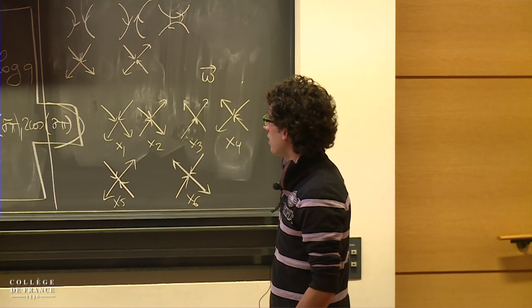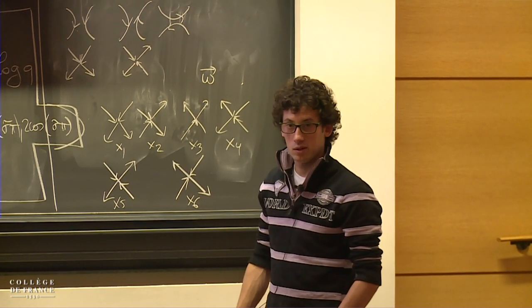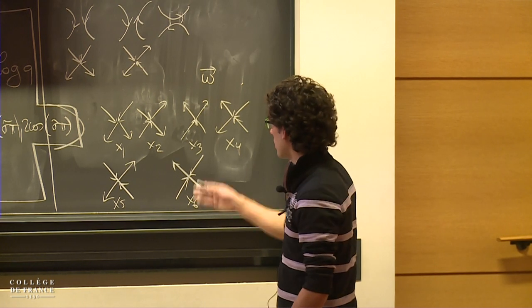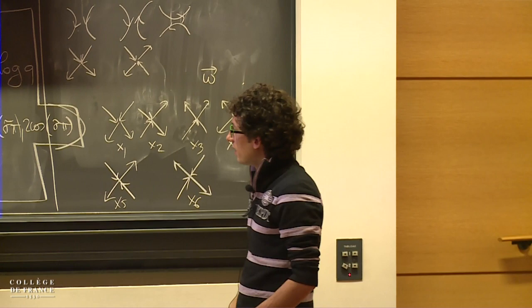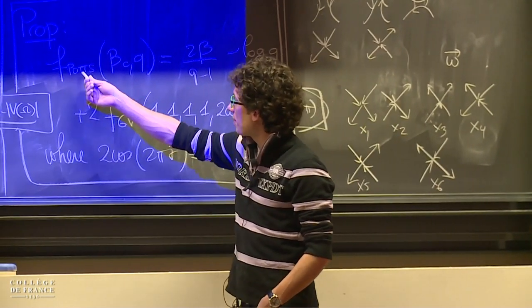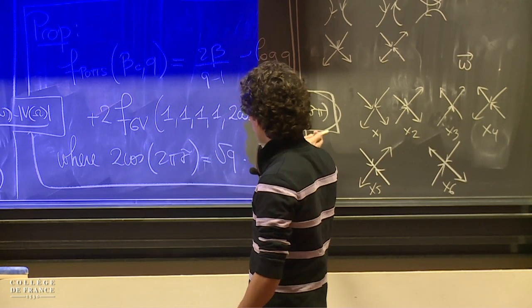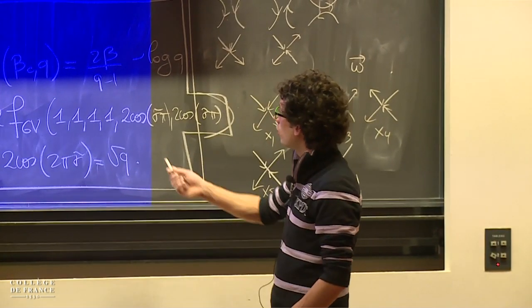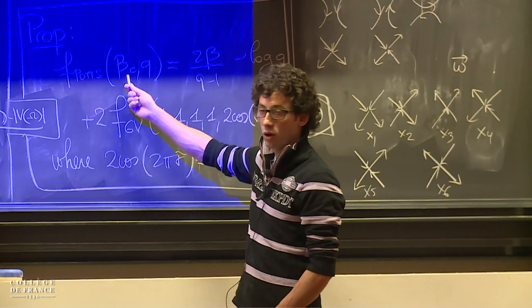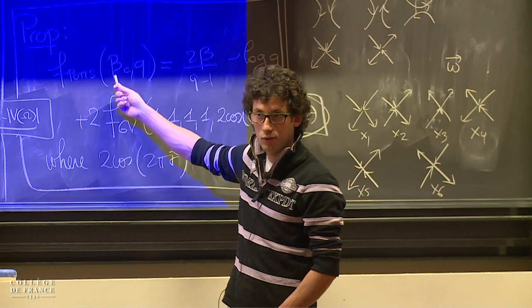The reason why, maybe I don't have time to discover. If you want, during the break, you can come and ask me, and I will explain to you. But there is this mapping. So now you have a mapping between the Potts model and the 6-vertex model. This model is very much integrable, so you can compute this quantity very well. The only problem is that if you want thermodynamical quantities of this model, you need to differentiate the free energy.